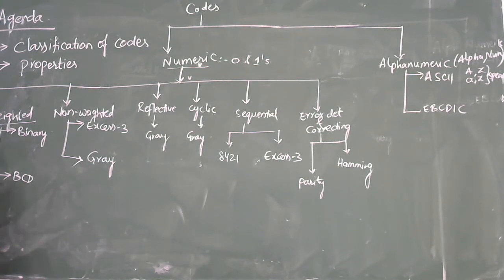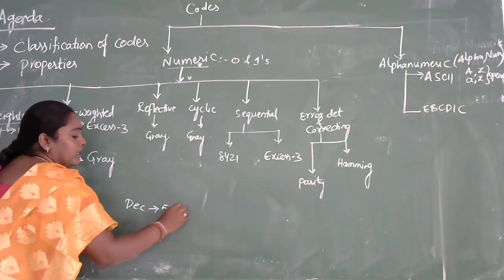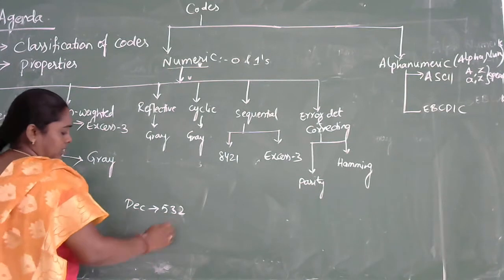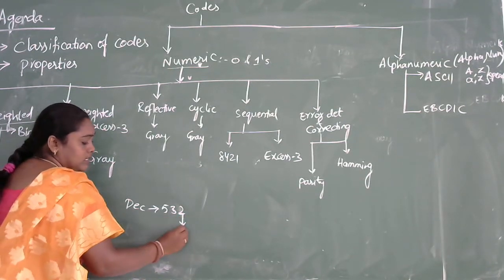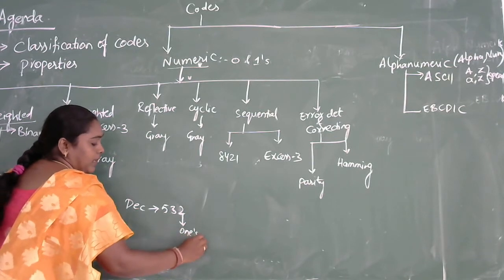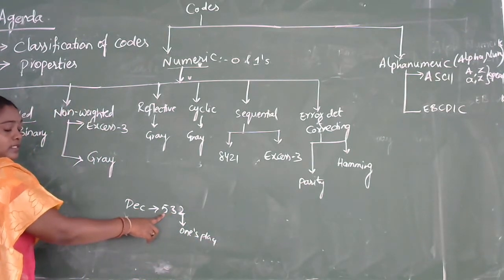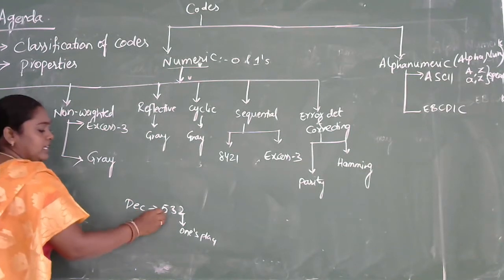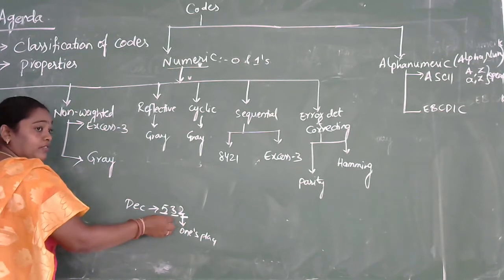Here the name itself indicates each and every individual digit has some weightage. Let me take an example of a decimal number, 532. In the decimal number 532, the 2 represents the ones place, 3 represents the tens place, 5 represents the hundreds place. So each individual digit has some significance and weight.